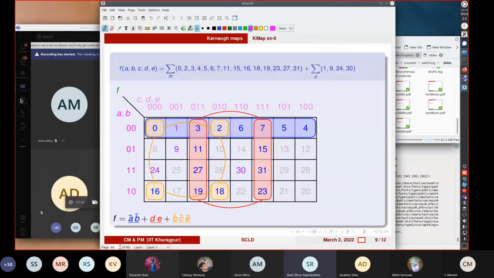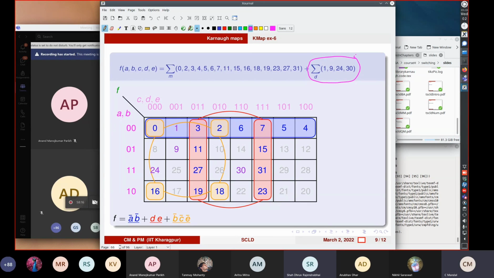Sir, how do we decide that some terms are don't care terms? Yeah, it's given. See, it's given right here. Okay. Sir, also for selecting columns, the difference between them should be 3.